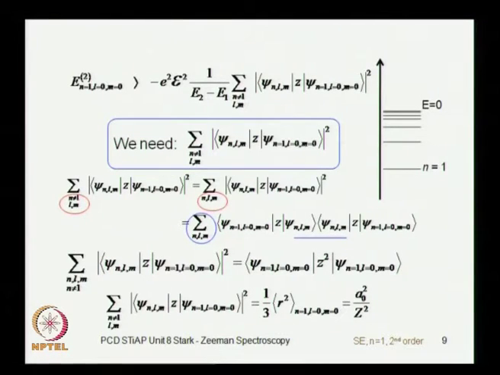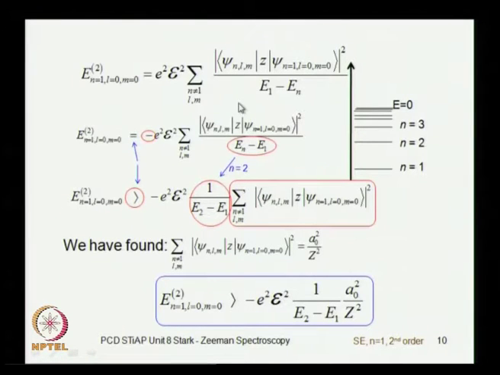And the average value of r square, the expectation value of r square, can be very easily determined for any eigenstate of the hydrogen atom, which is for n equal to 1, it is a0 square by z square, okay? So, now we have this result a0 square by z square, and we have found the quantity that we needed.